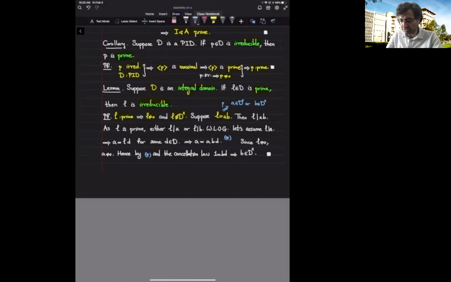This is the implication that we have to show. But when L is AB, that means L divides the product. So because L is prime, L divides AB implies that either L divides A or L divides B.